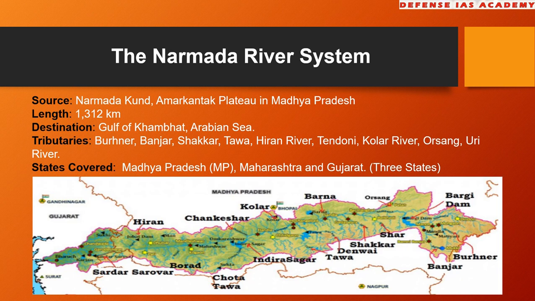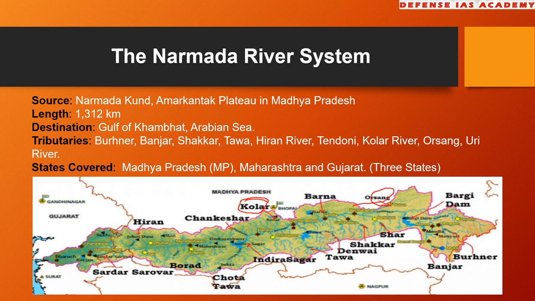Then the tributaries are the Burner, Banjar, the Shakar, Tawa, then Hiran River, Tendoni, Kolar River, Orsang, Uri River, etc. are the tributaries.